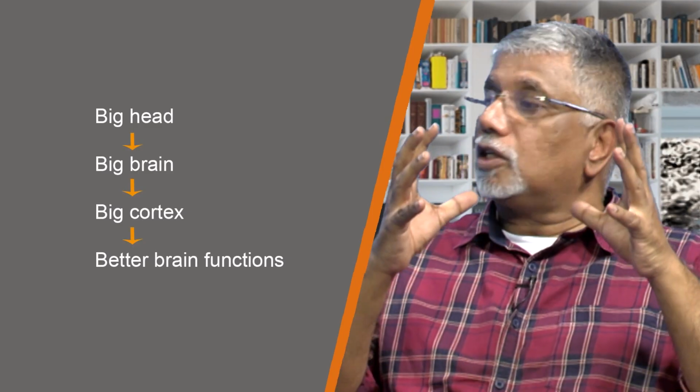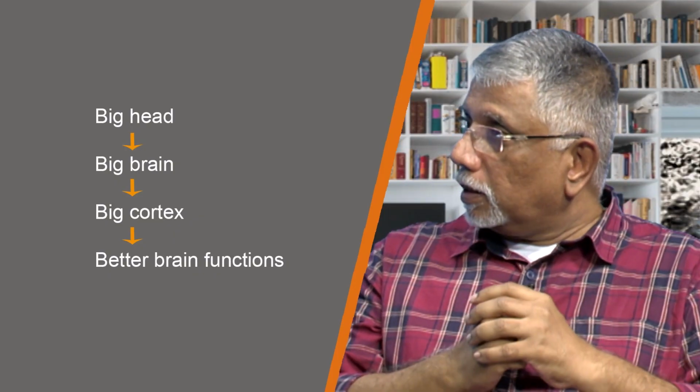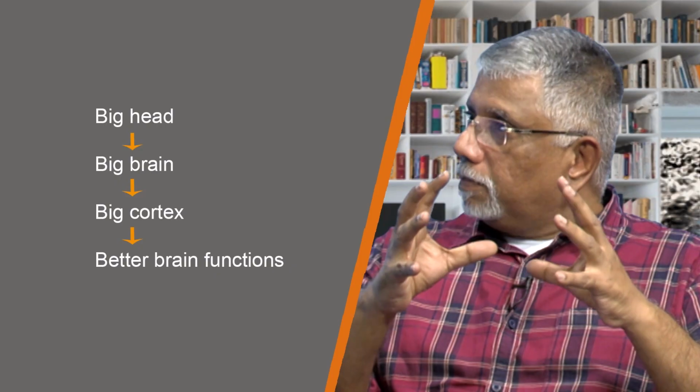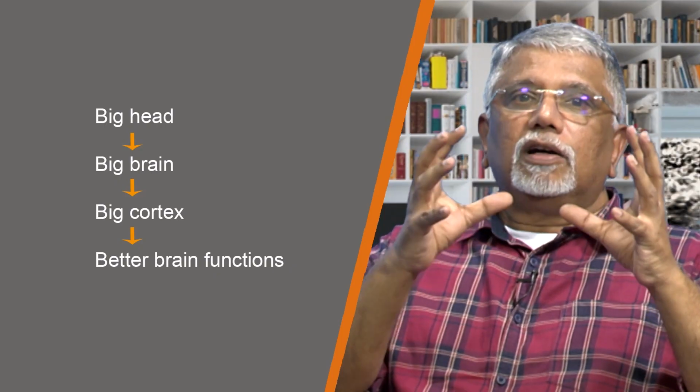Early human beings had very small brains with very small cortexes. But as a result of evolution, the head sizes started growing, right? The bigger the head, the bigger the brain. And bigger the brain, bigger the cortex.